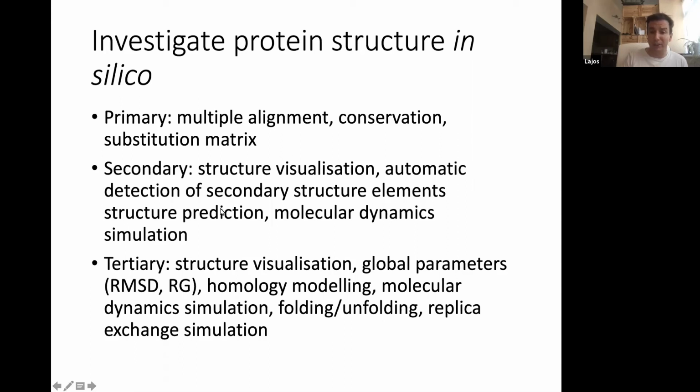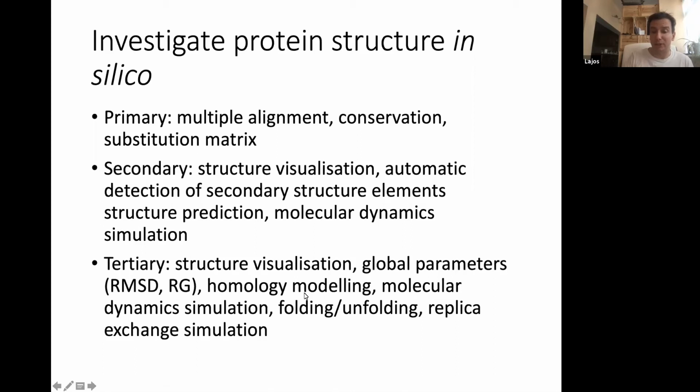So you can predict from the sequence. They are not extremely reliable, but you can try. And you can also use molecular dynamics simulations to check if your protein wants to go into an alpha helix or beta sheet. And finally, the tertiary structure, so visualizing the whole domain or whole protein and its whole structure.